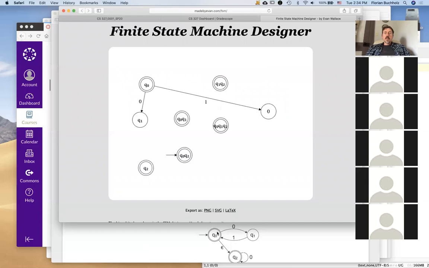Then that would lead us to Q1. But we could also first do an epsilon transition here and end up in Q2. Actually, I did this this morning and I was getting confused. So let me just try to remember if the epsilon closure here matters or not.